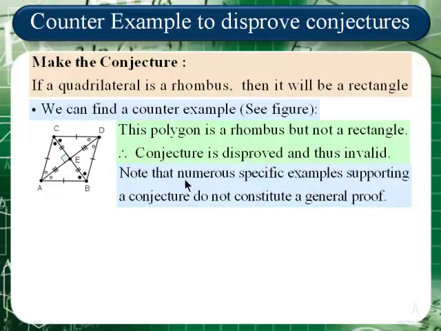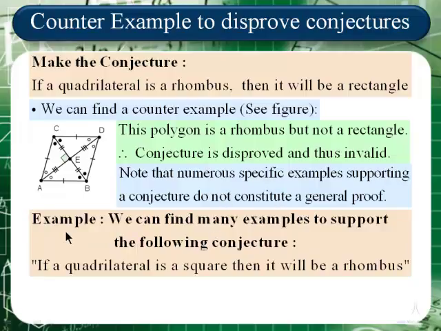Note that numerous specific examples supporting a conjecture do not constitute a general proof. For example, we can find many examples to support the following conjecture: if a quadrilateral is a square, then it will be a rhombus.